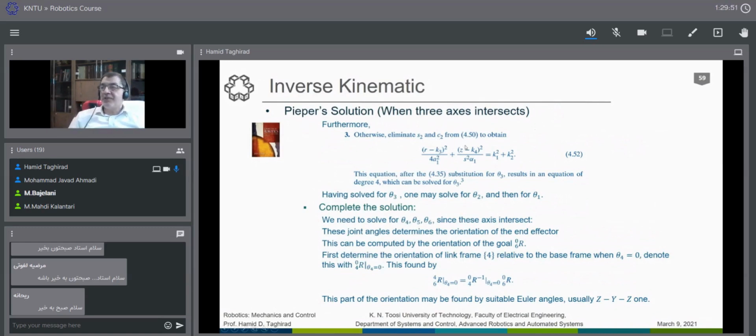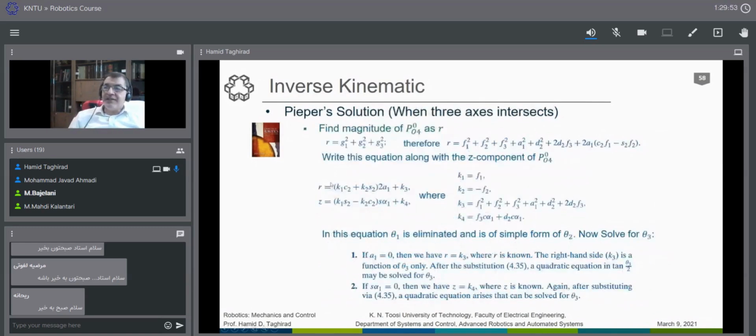From this equation, as you see, we have S1, S2, C2 and S2, S2 and C2. We have 2 equations, 2 unknowns. With respect to S2, this is linear. We use the matrix form, use the inverse, and solve this problem.